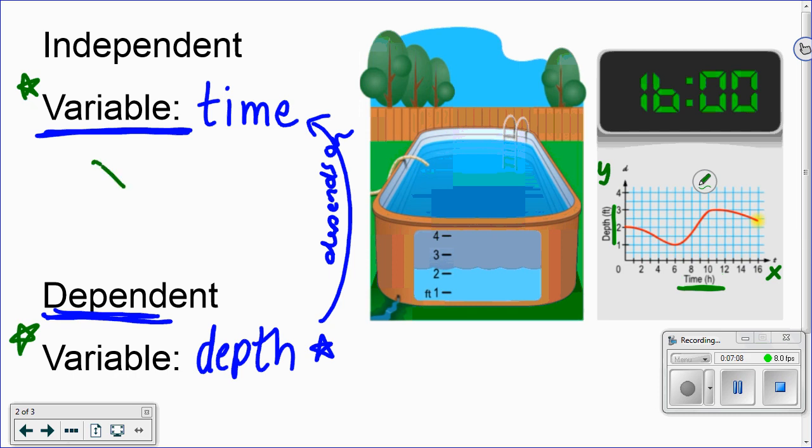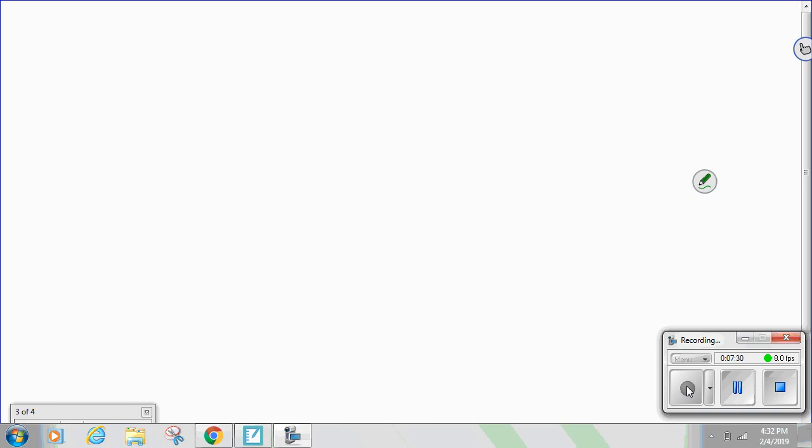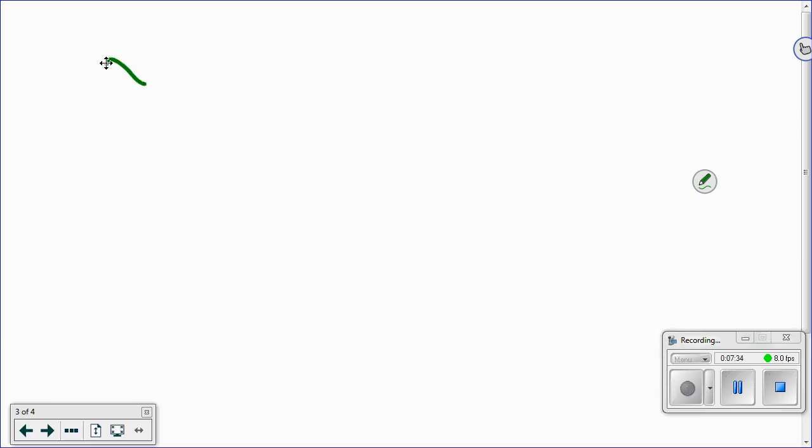There's another thing about independent and dependent variables. X is always going to represent your independent variable when you have x and y. X is always going to be independent, and y is always going to be dependent. So if we think about this, we have now three ways to describe x and y. What are those three ways? Well, x is just x.